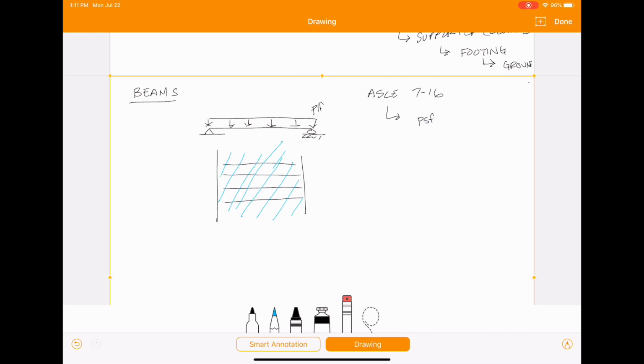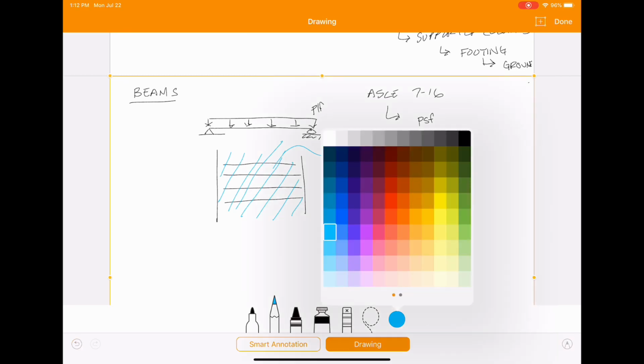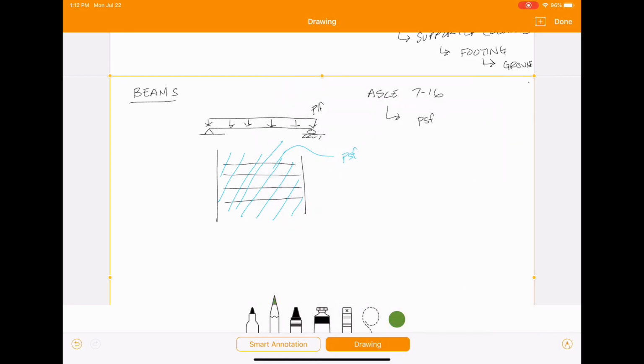So this here is the PSF loading. Now we need a PLF loading on this beam right here.